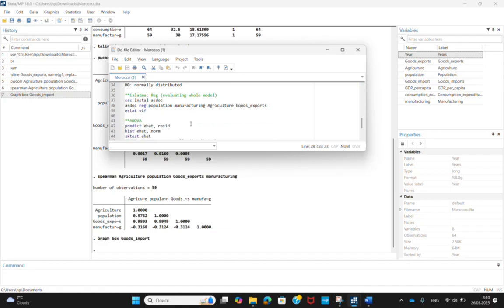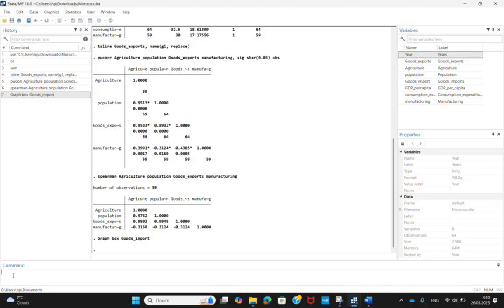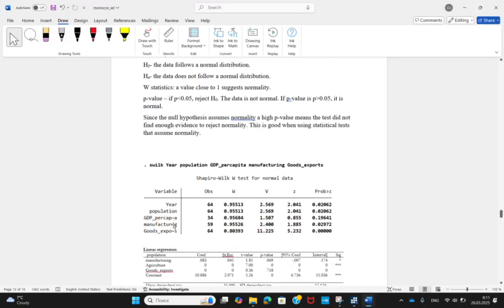We need swilk. I wrote Ha and H null here. Swilk of which variables I chose. They should be similar to my variables: year, population, GDP per capita, manufacturing, goods exports.